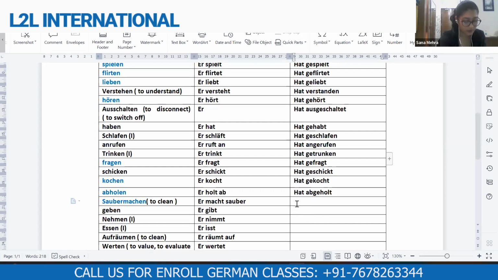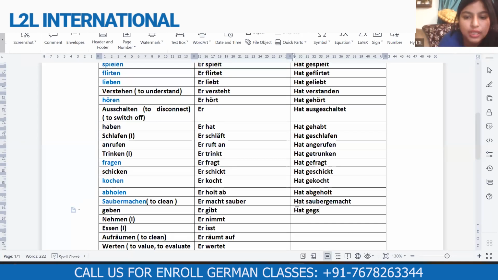Hat sauber gemacht. Geben, hat gegeben. Change of a lot of things. Nehmen is to take. Hat genommen. Remember. Essen, hat gegessen.